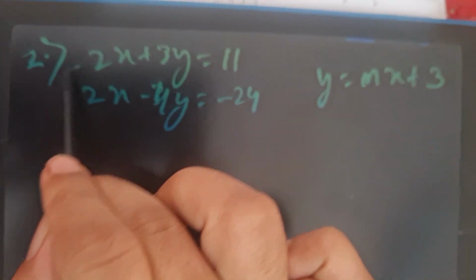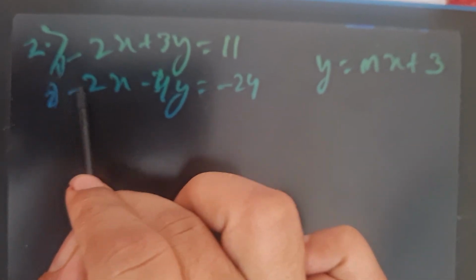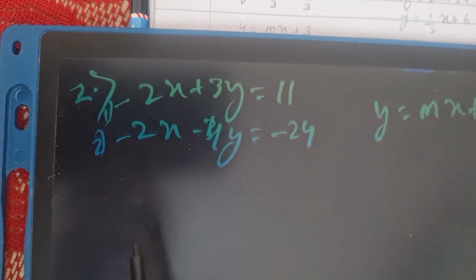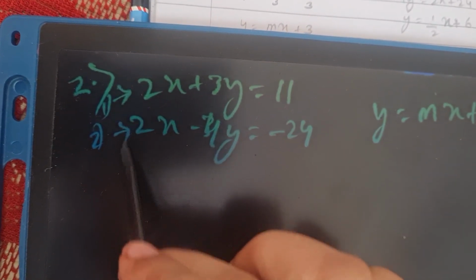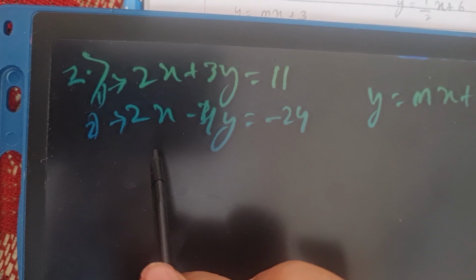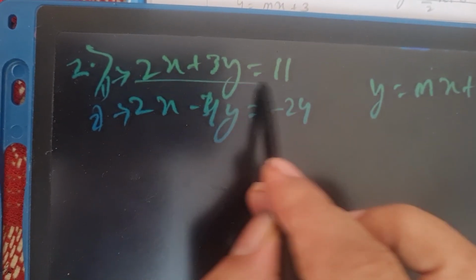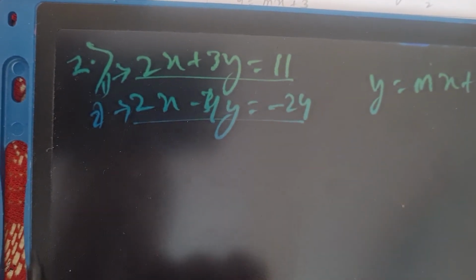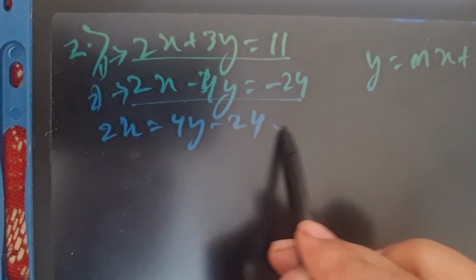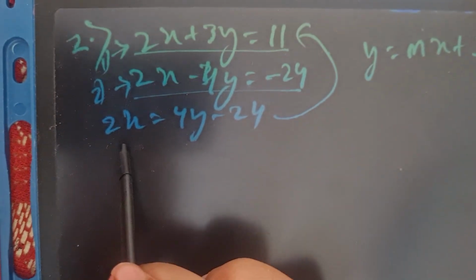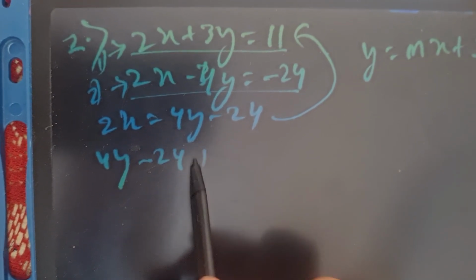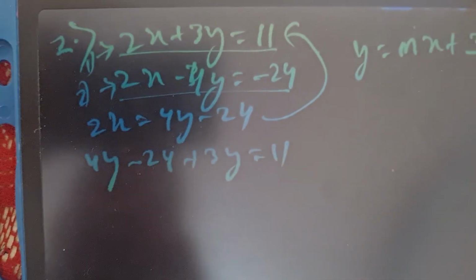In these two equations, equation 1 and equation 2, we will use the substitution method to find the value of x and y. So 2x is 4y minus 24. We will put this value in equation 1 for the value of 2x. So 4y minus 24 plus 3y is equal to 11.